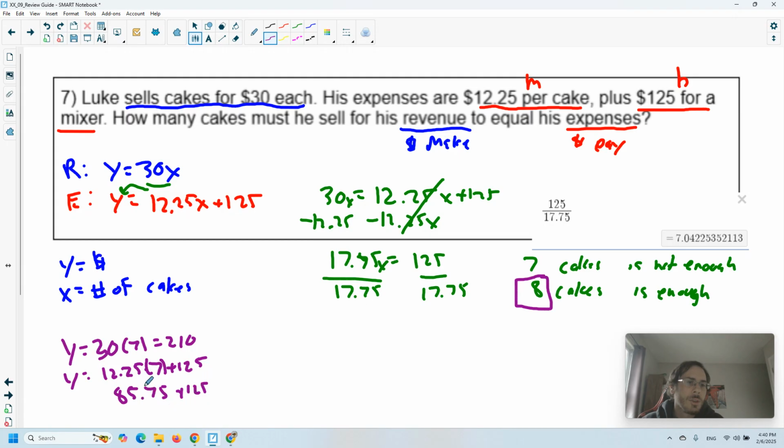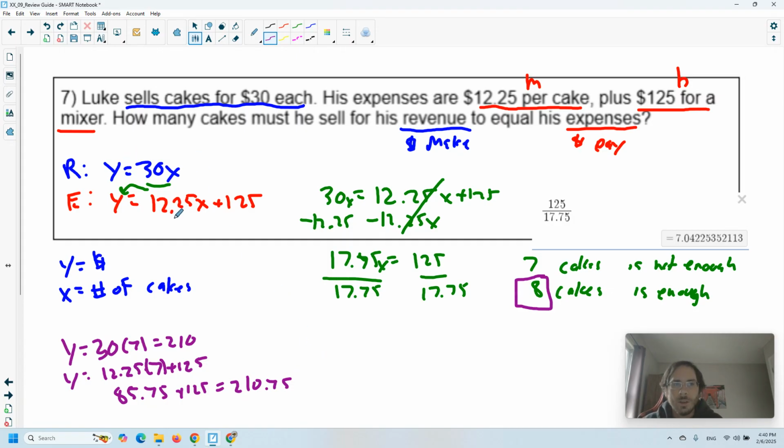Is that right? This is why I want to double check sometimes. Okay, yep, that makes sense. So we get 8 and 12 is 20, so 200, and 5 and 5 is 10, so 210.75. So we have just not enough. He's out 75 cents if he doesn't sell that last cake. Since he wants his revenue to equal his expenses, he's got to get one more cake. Otherwise, his expenses are too big.